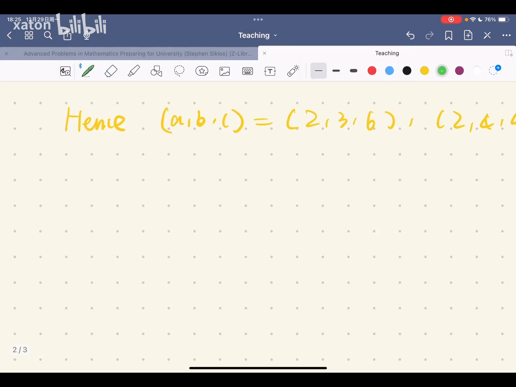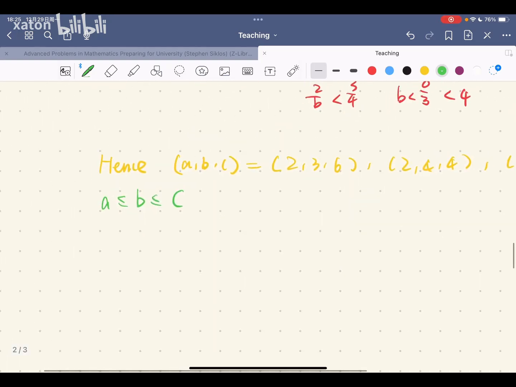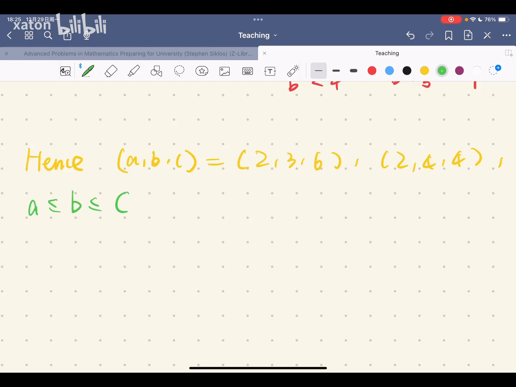Remember, we still need a smaller than b, b smaller than c. If we set b, c smaller than the equation set, they are going to be larger than 1, of course, because they are in the denominator. So we can just set, without any worries, that b equals c, so 2, 2, 2, of course. We can set 2, 2, 2, 2, 2, 3, 2, 2, 4.